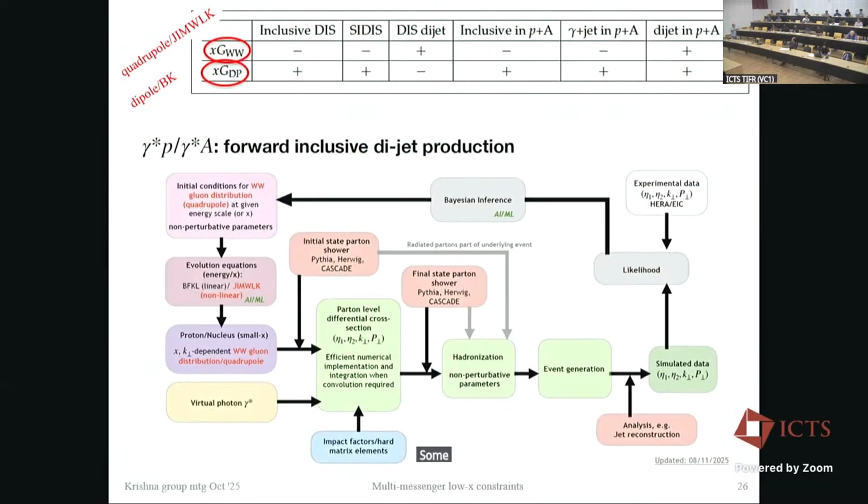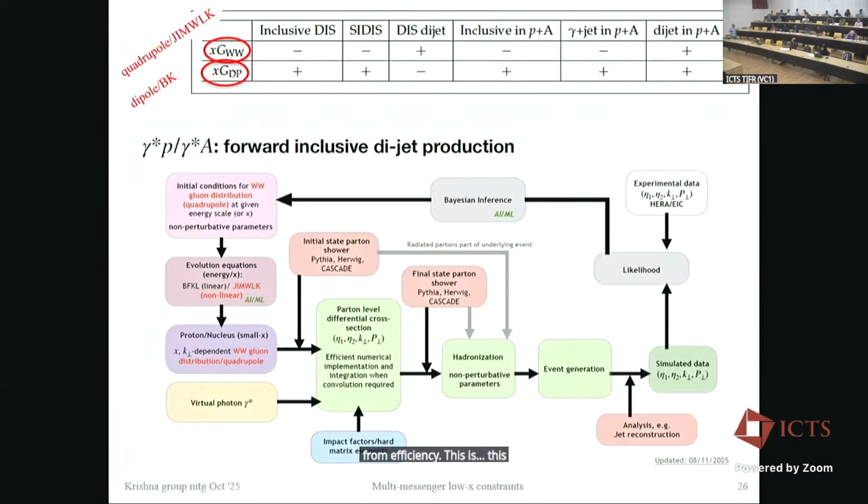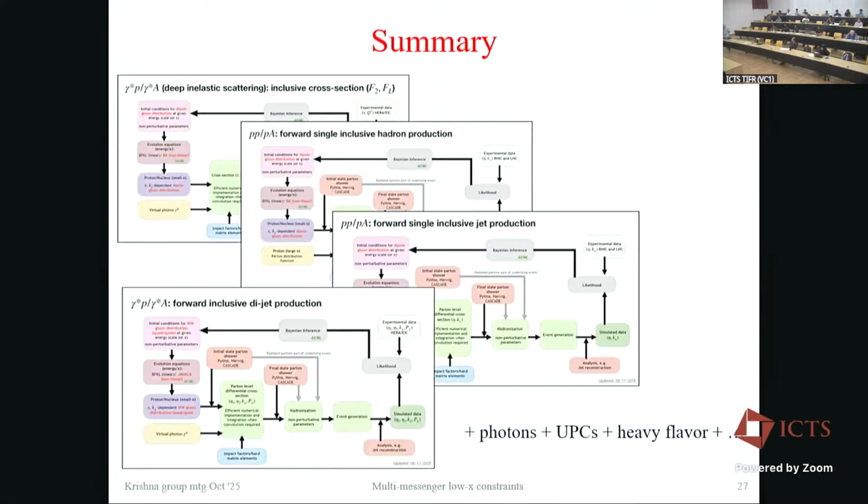Some measurements are going to be more discriminating than others, and that's all part of the exercise. And as we work, yes, event generation and likelihood calculation will also benefit from efficiency. This is as far as we've gotten to propose this framework, and now we have to think about each box and how to optimize it. So that's all. Thank you.